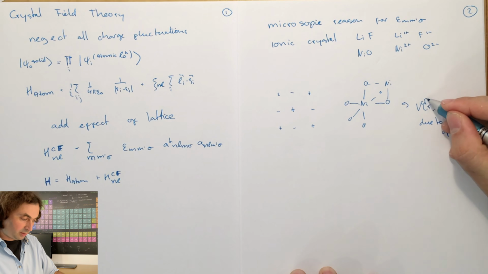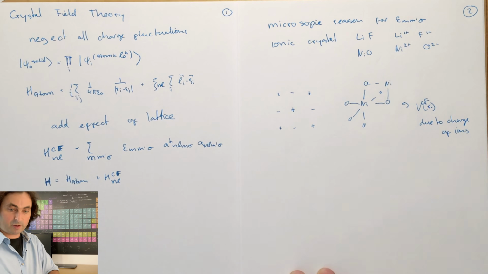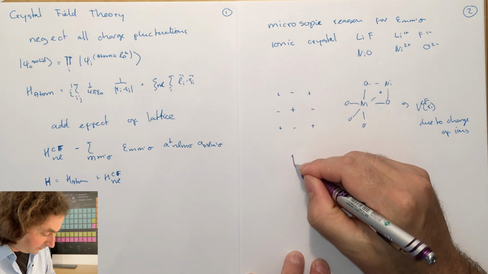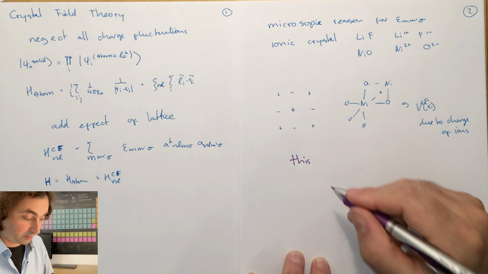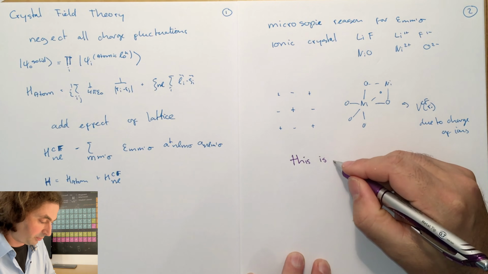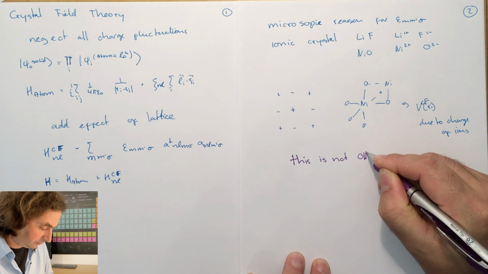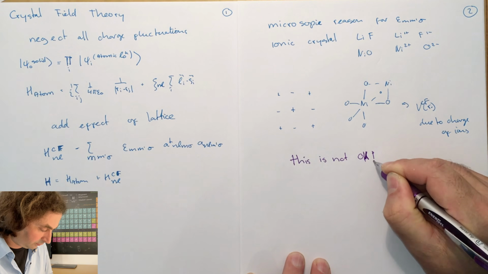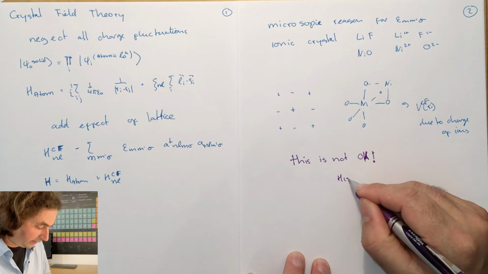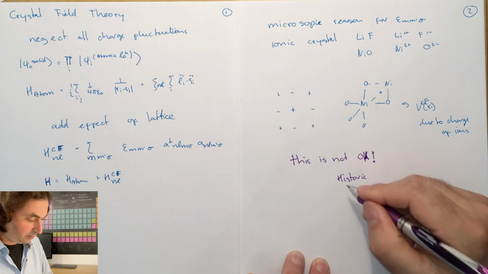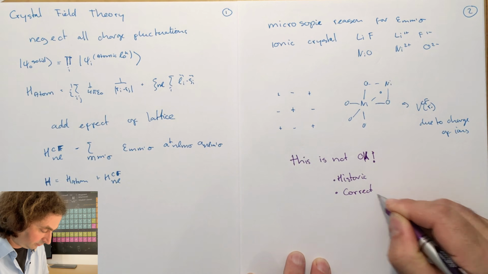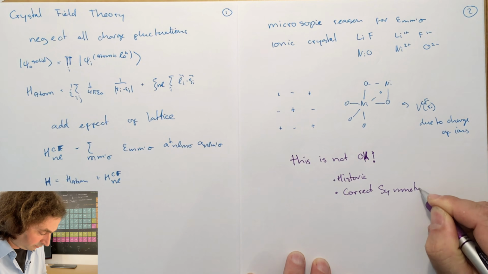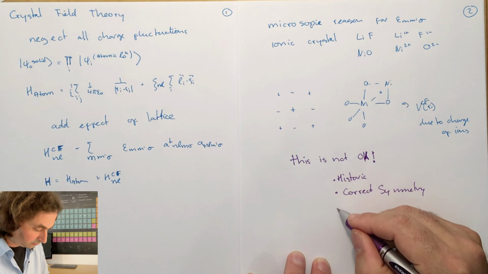Now it is this crystal field potential that can be responsible for this effective interaction. Well, it turns out that electric potentials like this are extremely small in solids. So this microscopic reason is not okay. It is highly historic, but it does include the correct symmetry of the crystal.